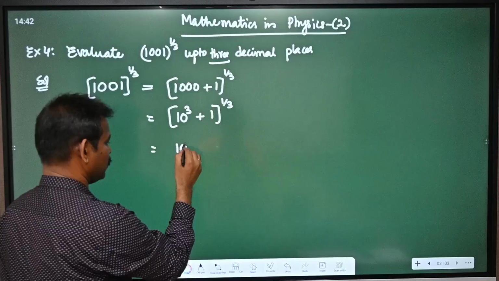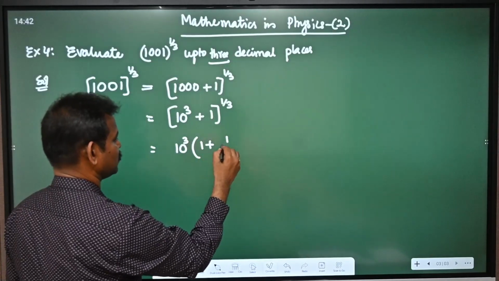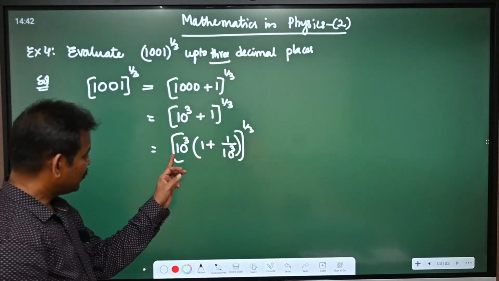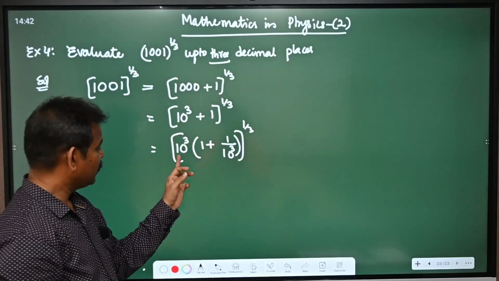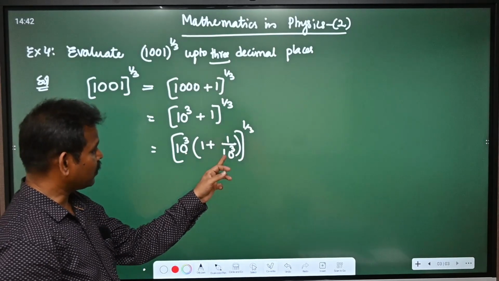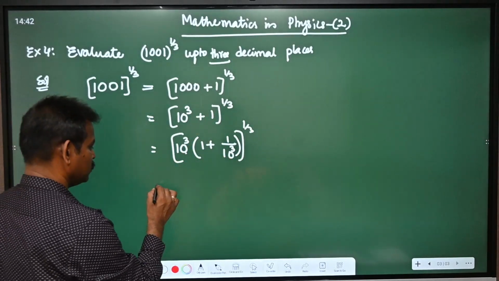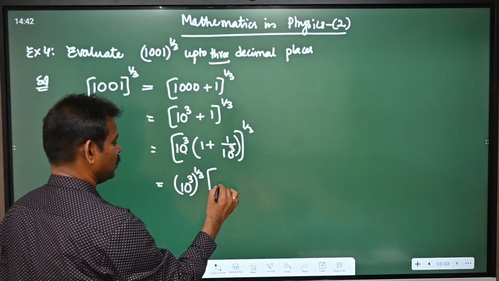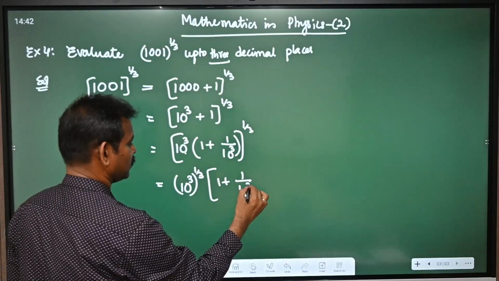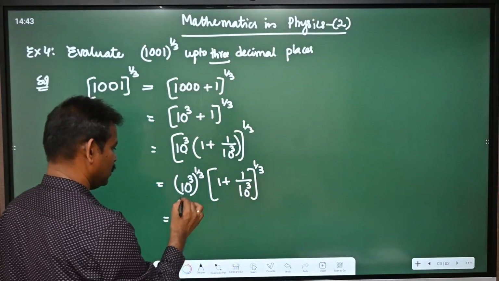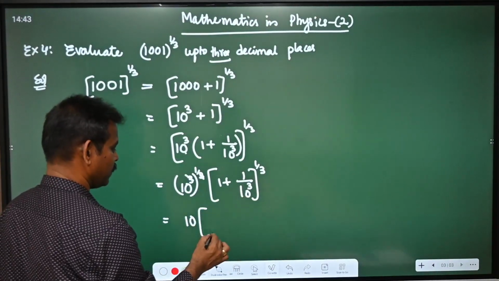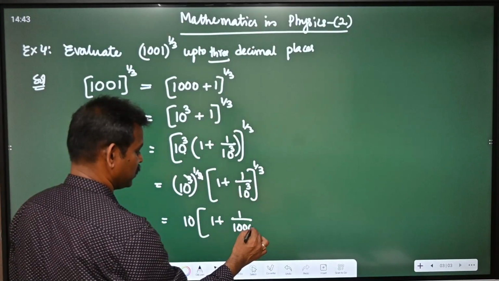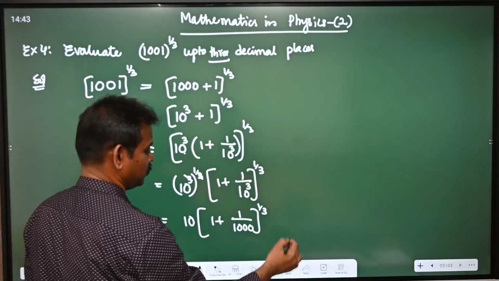Now if you take 10³ common, you will get (10³)^(1/3) (1 + 1/10³)^(1/3), because 10³ into 1/10³ will become 1. So now the 3 gets cancelled, this will become 10 (1 + 1/1000)^(1/3).